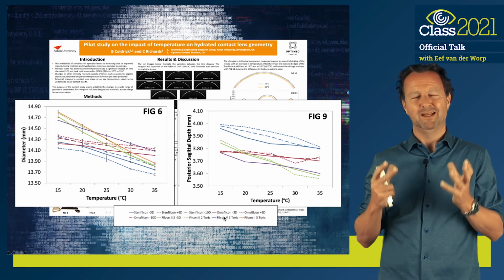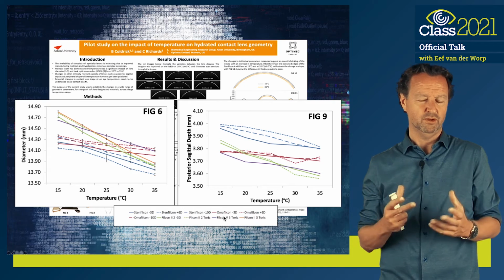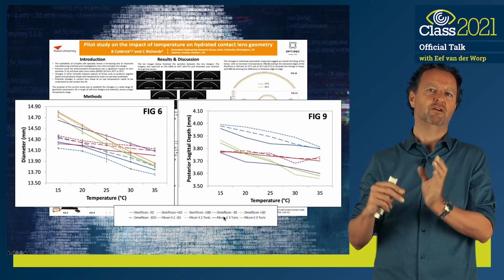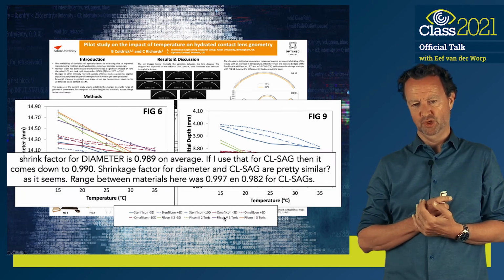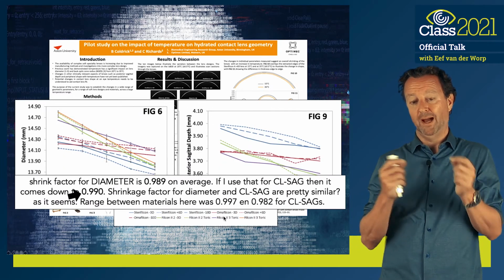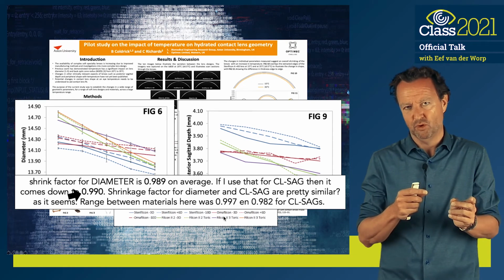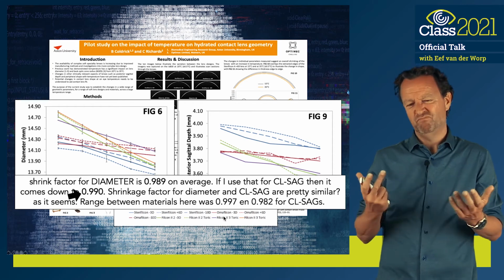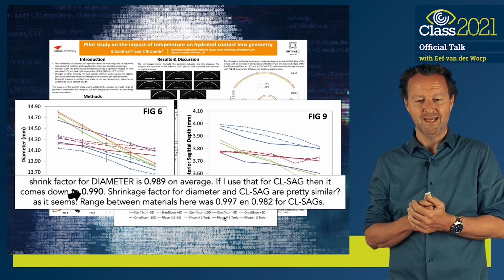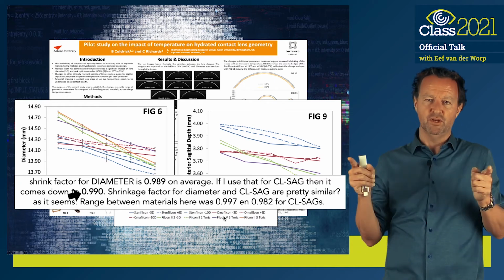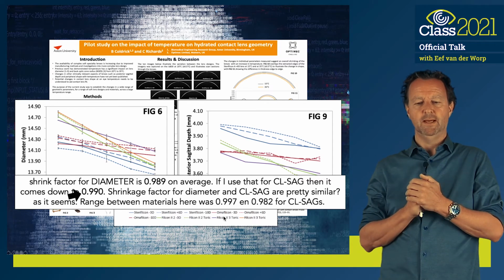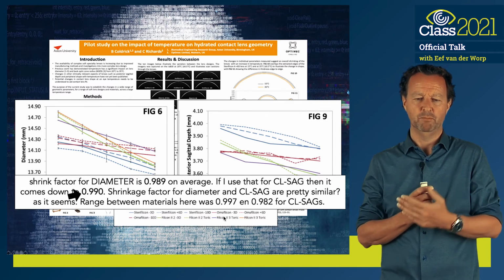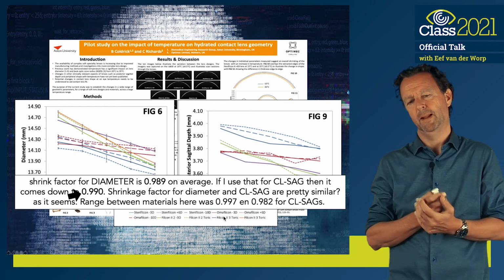It wasn't a huge batch of lenses, it was sort of a test or a trial, but it looks like there is a linear relationship between the two. I did the shrink factor based on Graham Young's work for that particular data set, and it was pretty close. It was 0.98 on average, but again, there is some range between materials, although there were fewer materials as well.